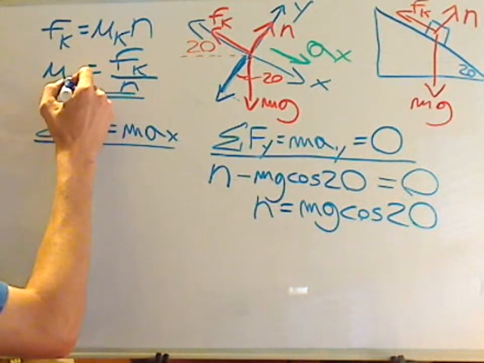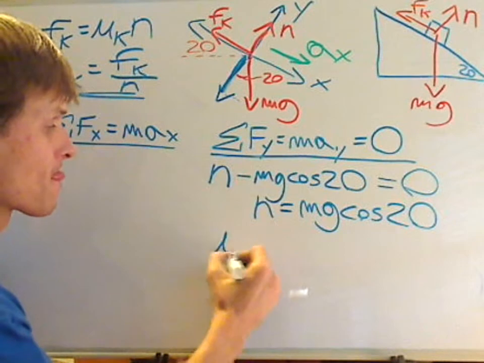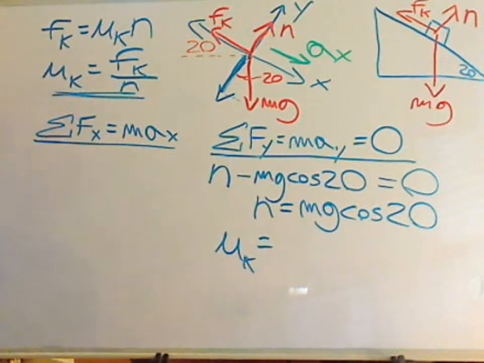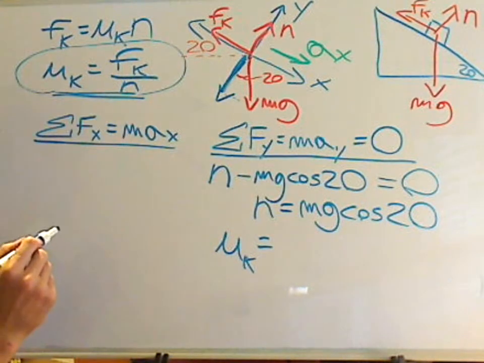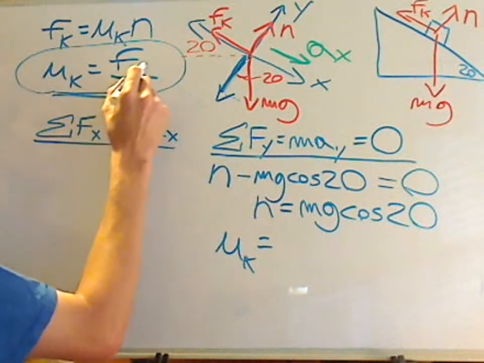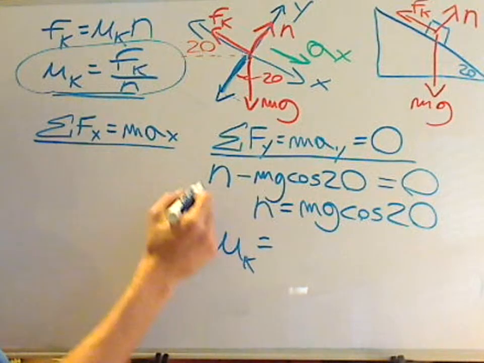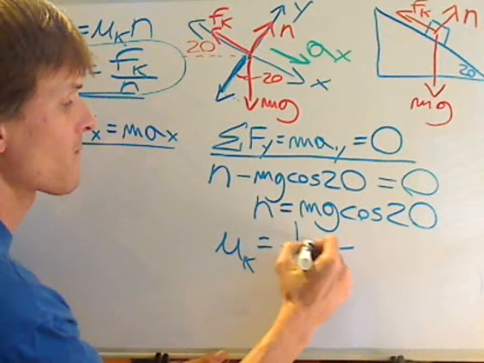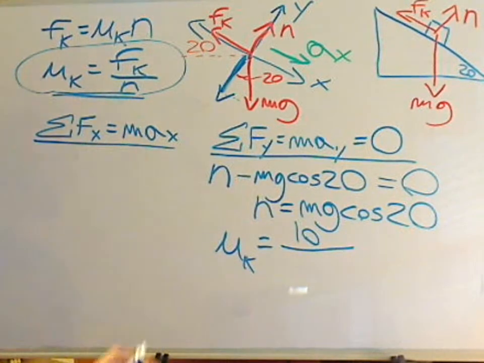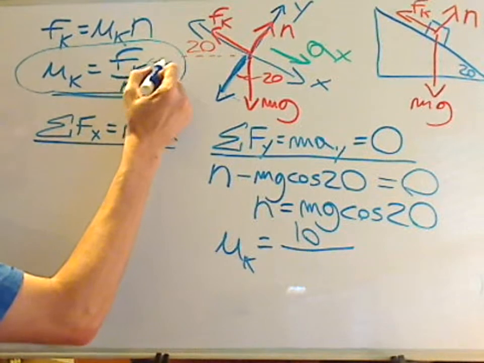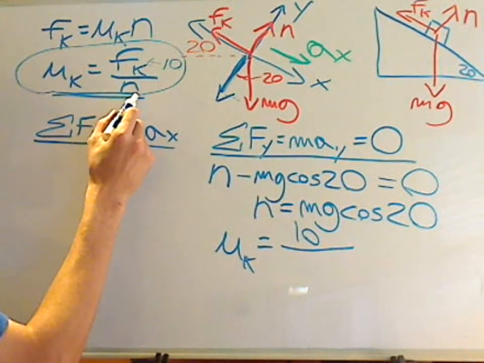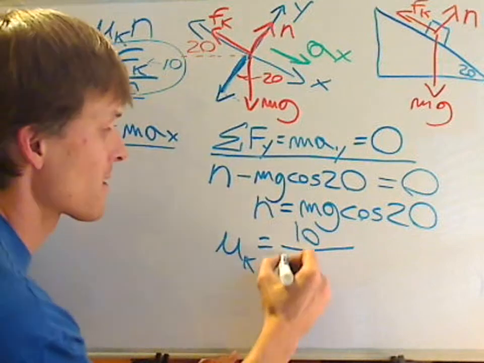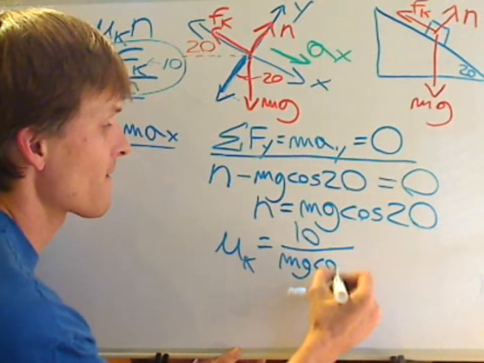And therefore the coefficient of kinetic friction is the force of kinetic friction, 10 newtons, divided by the normal force, which is mg cosine of 20.